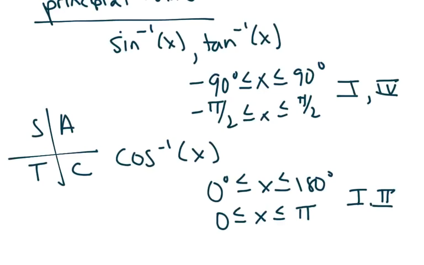The same with tangent. And cosines are positive in 1 and 4, so it only picks one of those two quadrants to be positive. And since it's negative in 2 and 3, it only picks one of those quadrants to give you an answer in. So we call those the principal values.